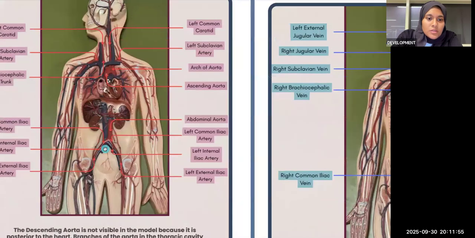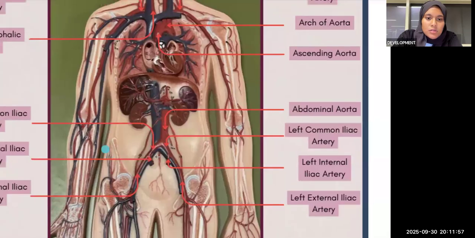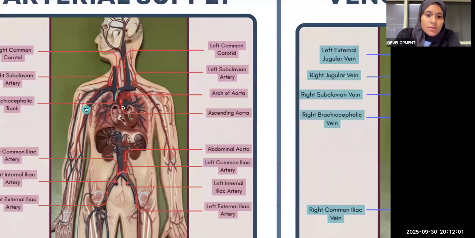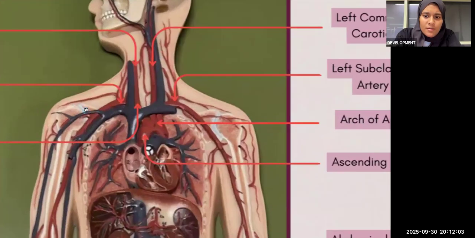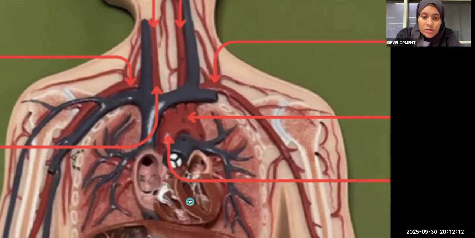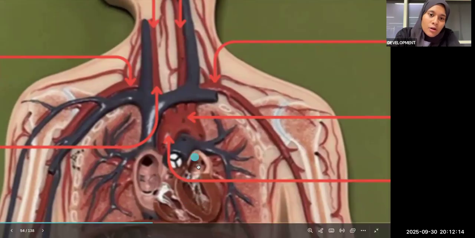So I'll just explain on the model, because this is the model that they'll probably get for you guys if they ask you about arterial supply and venous drainage. Here's your ascending aorta, and here's the arch. It arches and then goes down to the descending aorta. You can't see the descending aorta down there because it's right behind the heart.